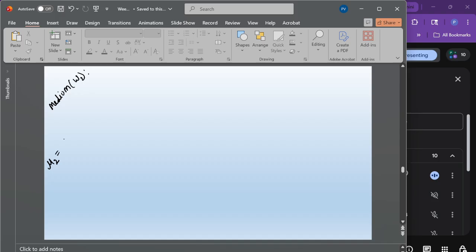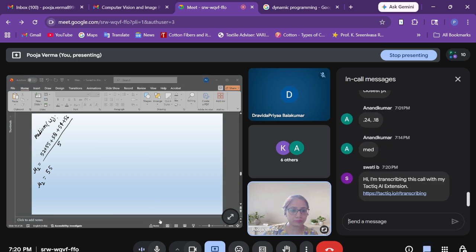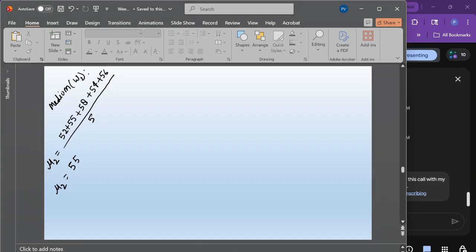The data points are 52 plus 55 plus 58 plus 54 plus 56, divided by 5, and if you add and divide, you will get 55. So mu2 is 55.